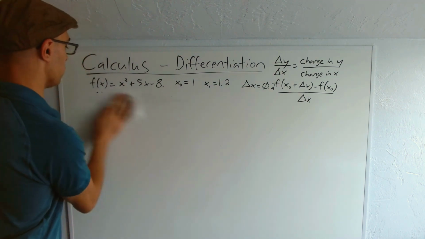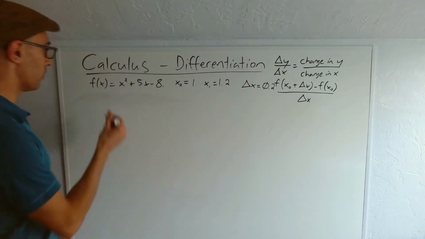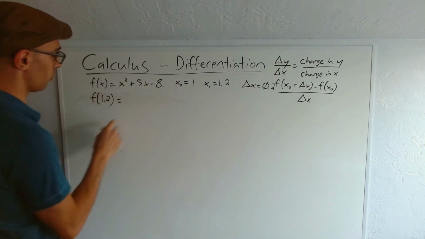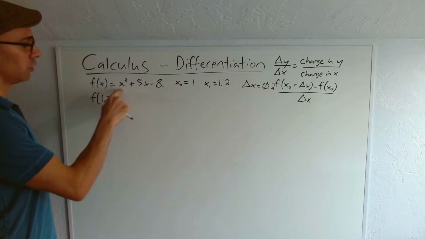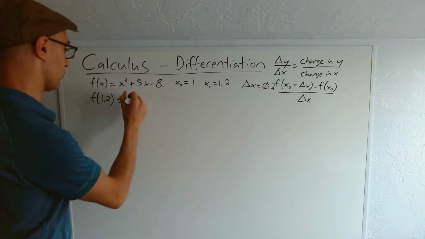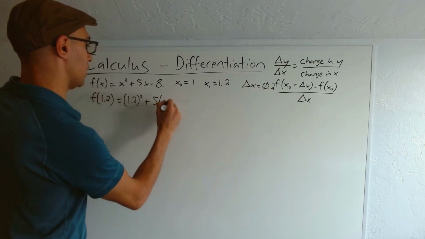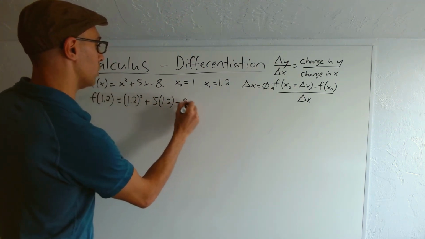So let's figure out, what is f of 1.2? Well, we're just going to plug 1.2 in everywhere that we see x. So we have 1.2 squared plus 5 times 1.2 minus 8.